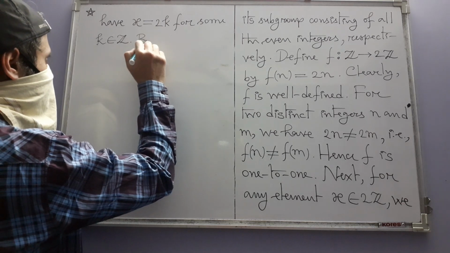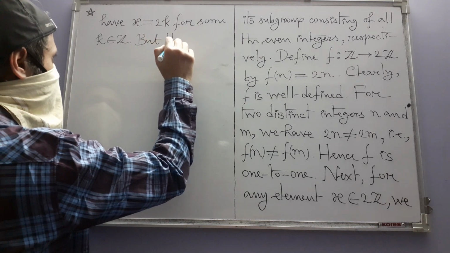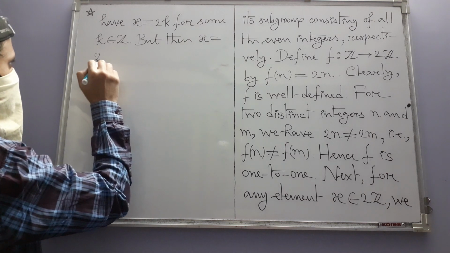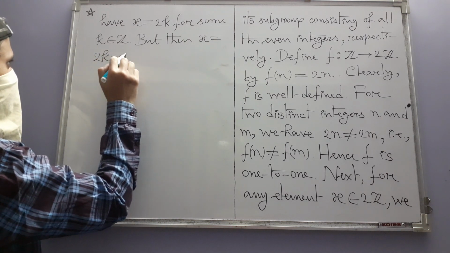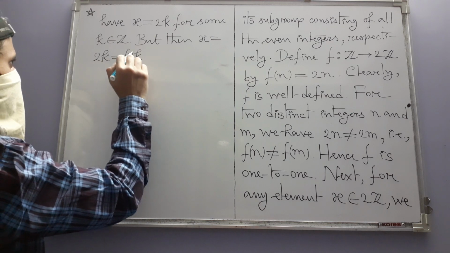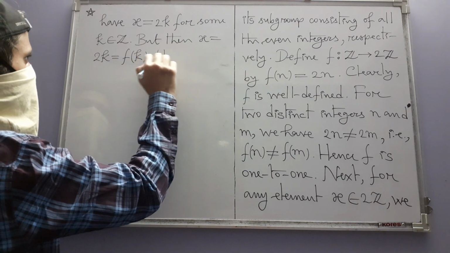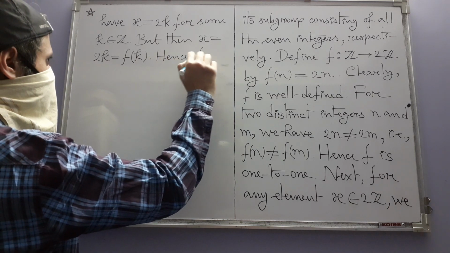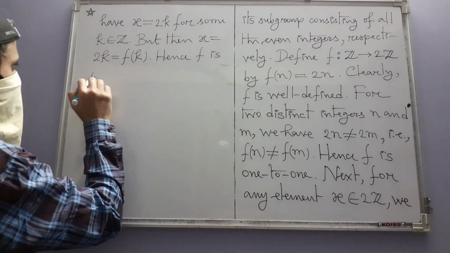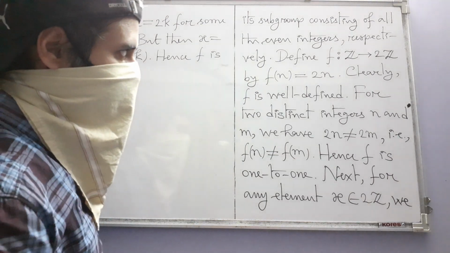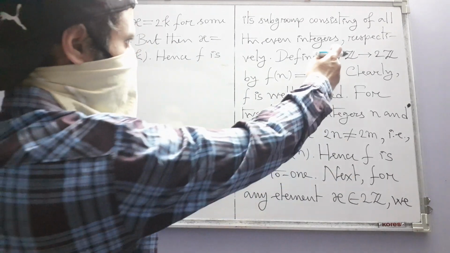But then x is equal to f of k, hence f is onto. So we have proved that f is a bijection between these two sets.